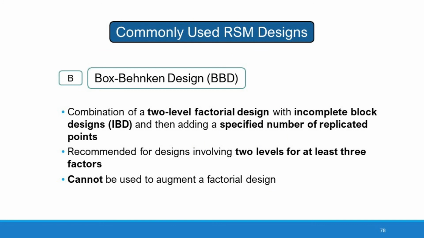The Box-Behnken design or BBD, on the other hand, is recommended for designs involving 2 levels for at least 3 factors. It is a combination of a 2-level factorial design with incomplete block designs or IBD, and then adding a specified number of replicated points. And more importantly, we must remember that BBD cannot be used to augment a factorial design.